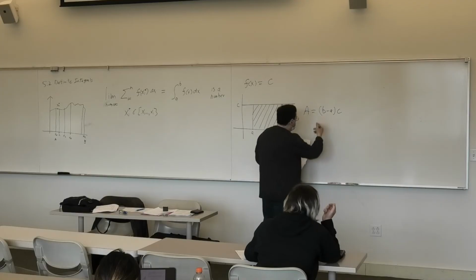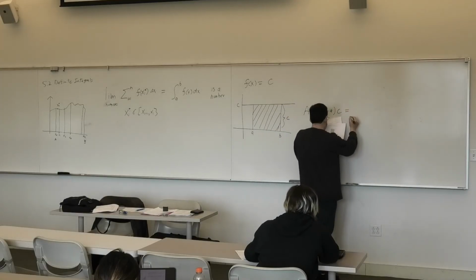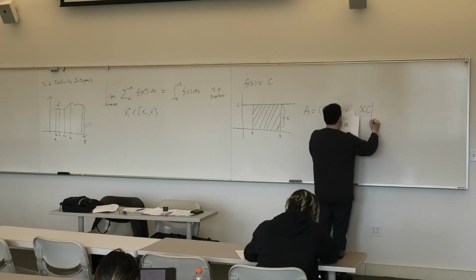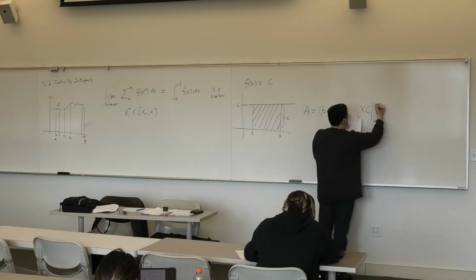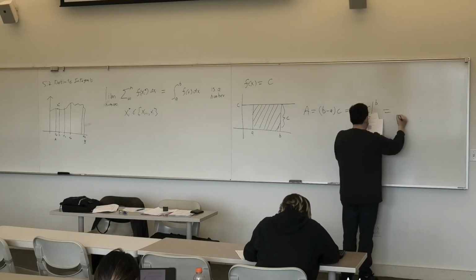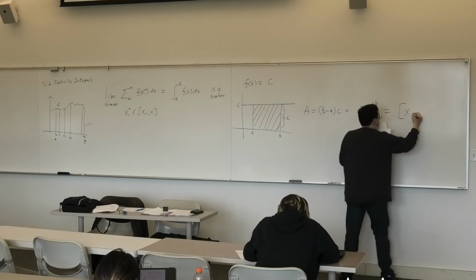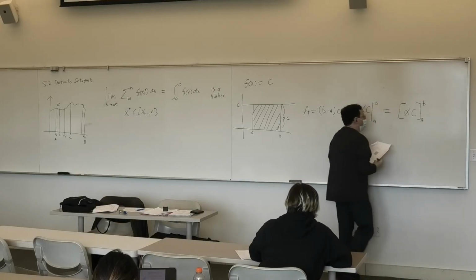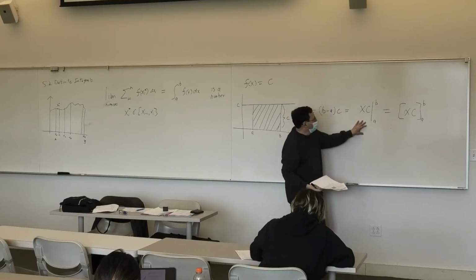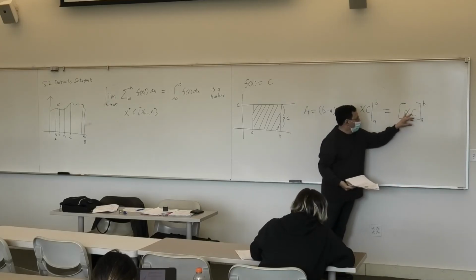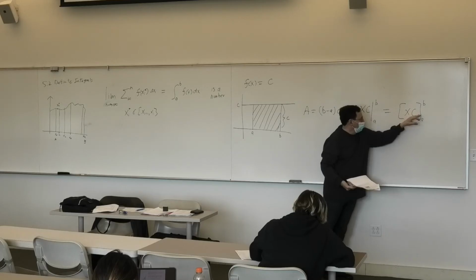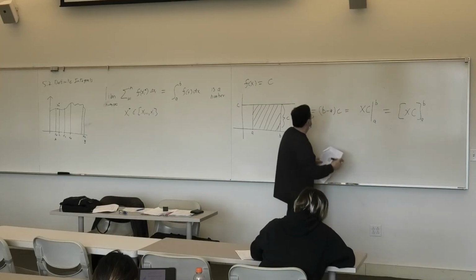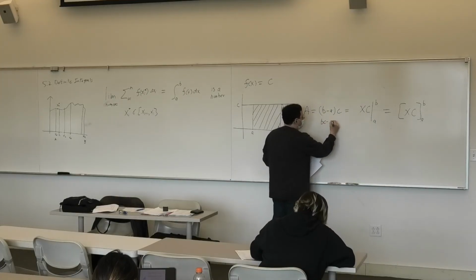We could write this using the following notation, x times c from a to b, where it's understood x is a variable here. We plug in b times c, and we subtract a times c, which is just what this is, bc minus ac.